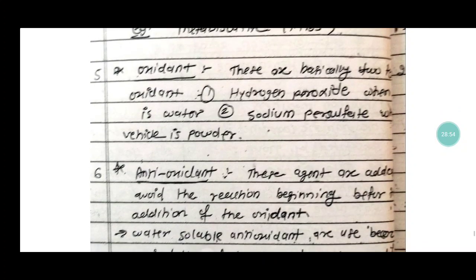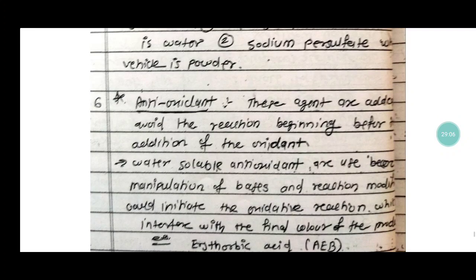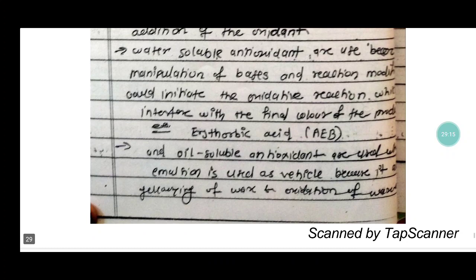And the oxidant: there are basically 2 types of oxidant, hydrogen peroxide when the vehicle is water, and sodium persulfate when it is a powder. And 6, that is antioxidant. These agents are added to avoid the reaction beginning before the addition of the oxidant.